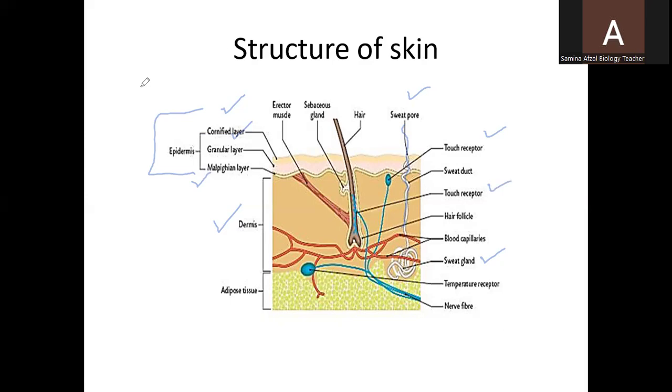Hairs are present in hair follicles, and the hair can be seen outside the epidermis. There are sebaceous glands which produce sebum, which gives oily skin. Temperature receptors are also present, and nerve fibers take messages towards the central nervous system. Adipose tissues play a role of insulation in the body.